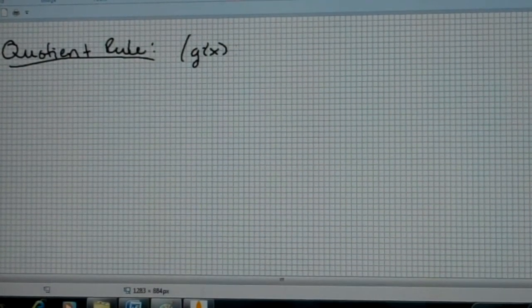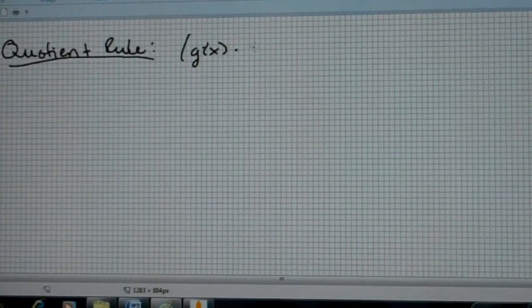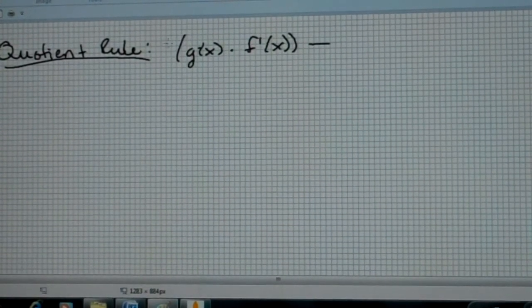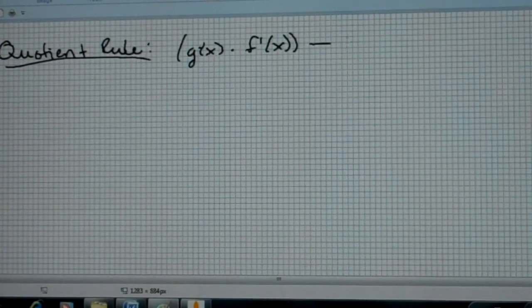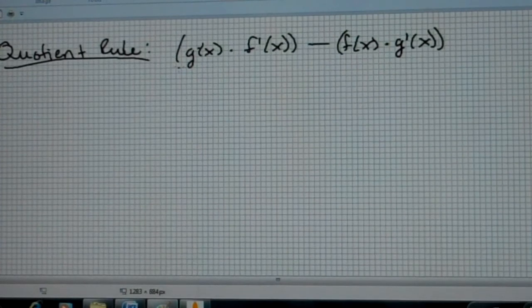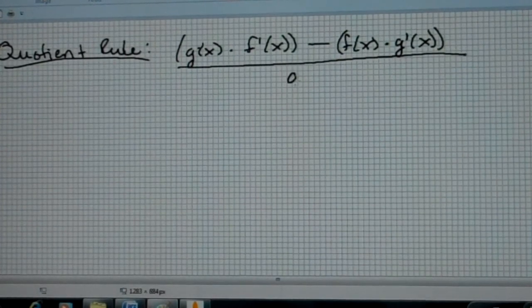You have g of x times f prime of x minus f of x times g prime of x. And this will all be over g of x squared.